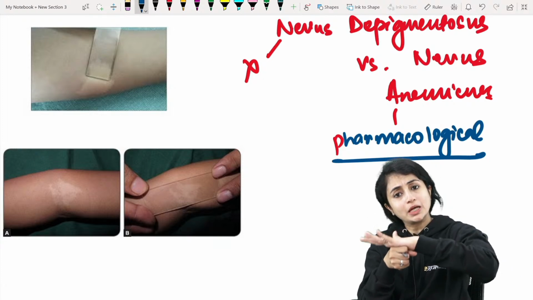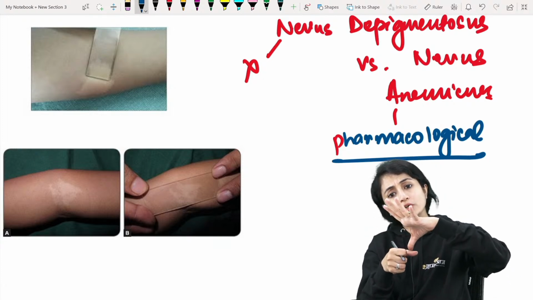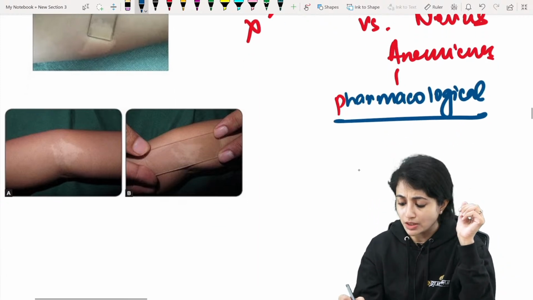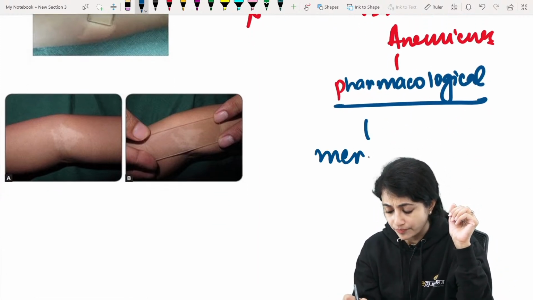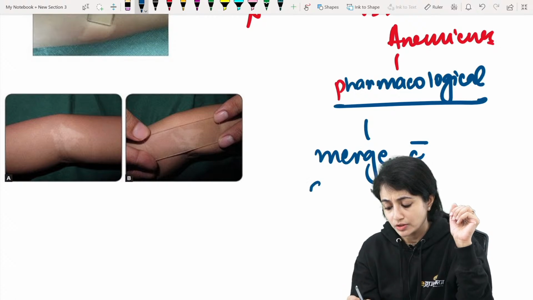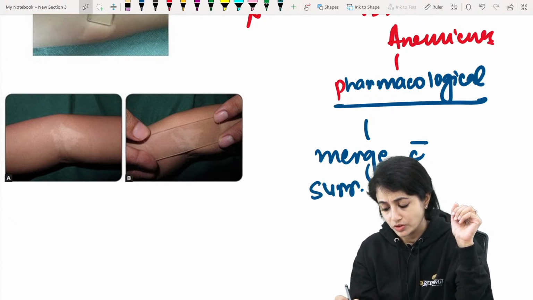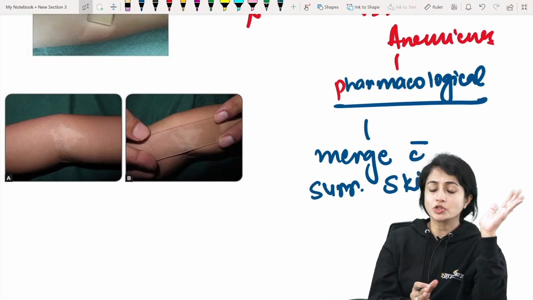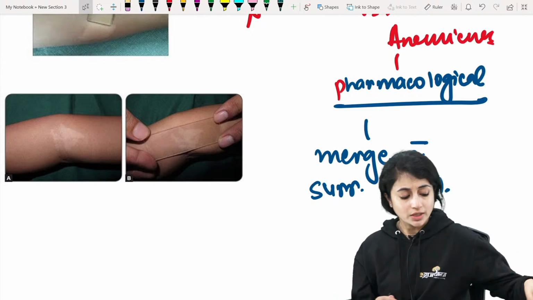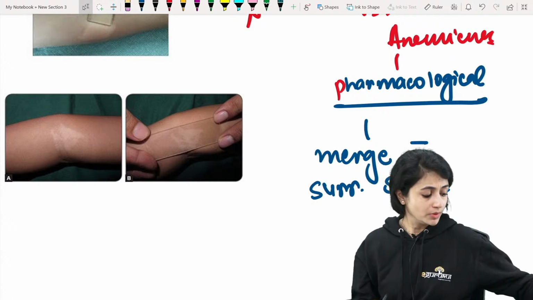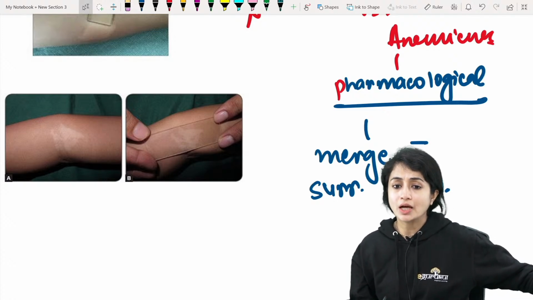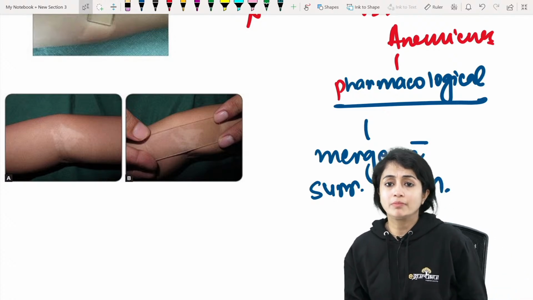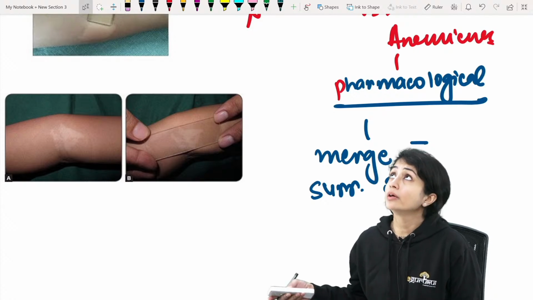Now, because of the blanching, there will be peripheral pooling of the blood. So my nevus anemicus will merge with surrounding skin. So nothing happens to depigmentosus, but my nevus anemicus merges with the surrounding skin. So it helps me differentiate between nevus anemicus and nevus depigmentosus. Okay.